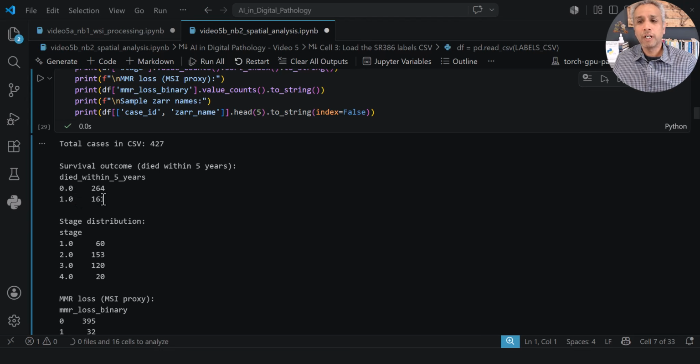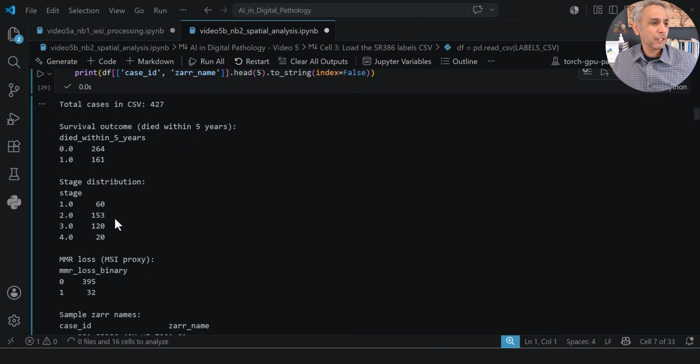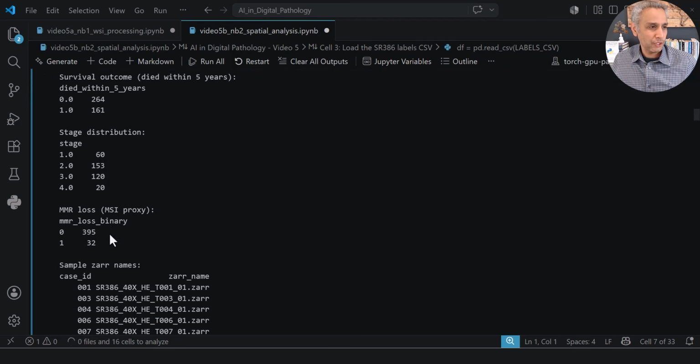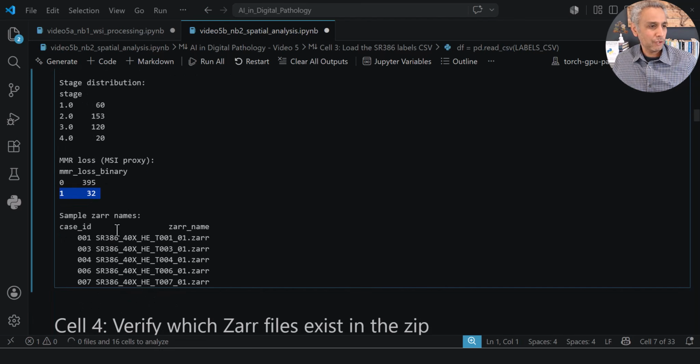And 161 unfortunately died. They did not survive. And stage distribution, you have stage 1, 60, stage 2, 153 of them, stage 3, 120, and stage 4, 20. MMR loss, you have 32 cases of MMR loss, which is basically 7.5% of the entire cohort.